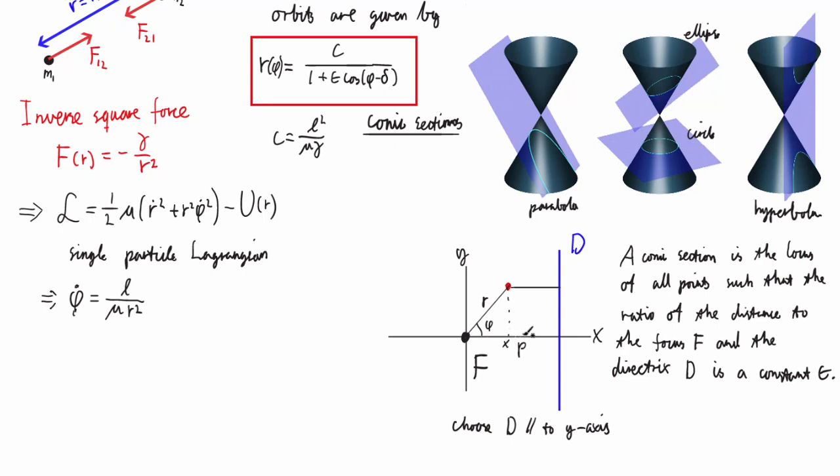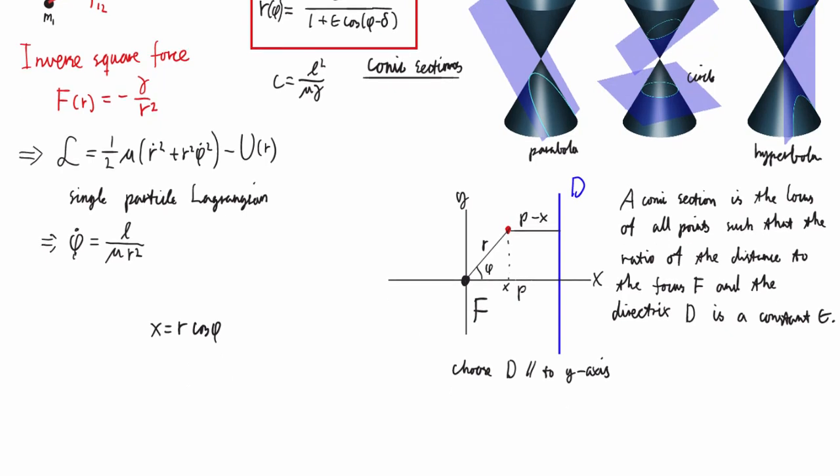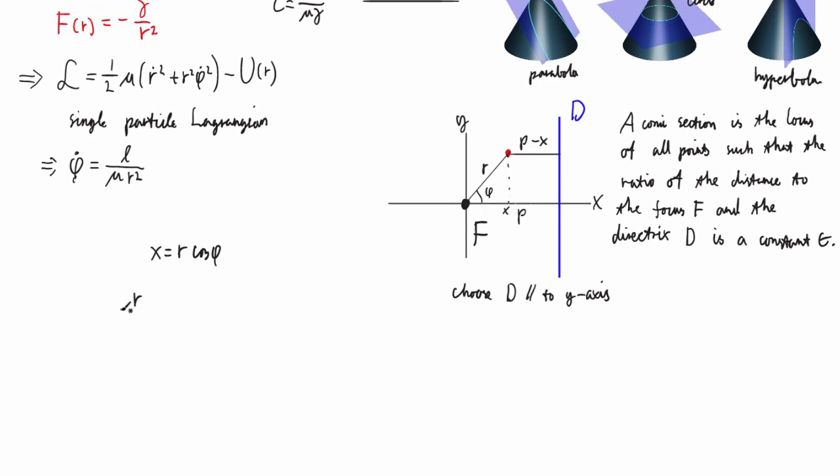That means that this position x here is given by r times cosine of phi, right? So what we're saying is that the ratio of this distance to this distance here, well, this is going to be p minus x, clearly. It's supposed to be a constant. So r divided by p minus x equals a constant epsilon.